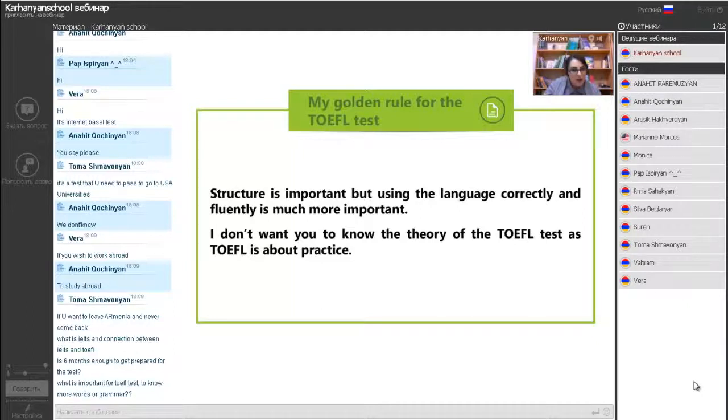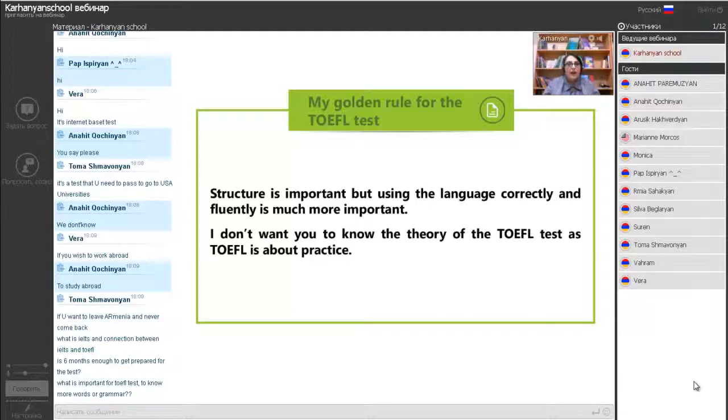Okay, Toma, I can tell that it is good to know, of course, it is important to know more grammar and vocabulary, but it is more important to use your knowledge, to use your grammar and vocabulary, because TOEFL is testing not your knowledge but rather your skills in English. So you must show that you have good skills in English, okay?